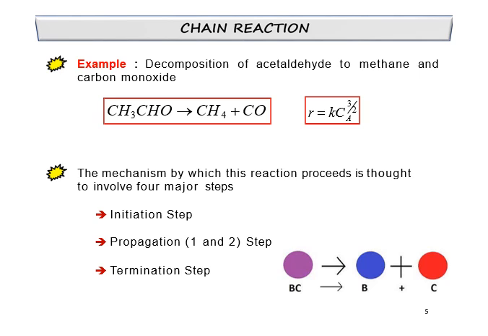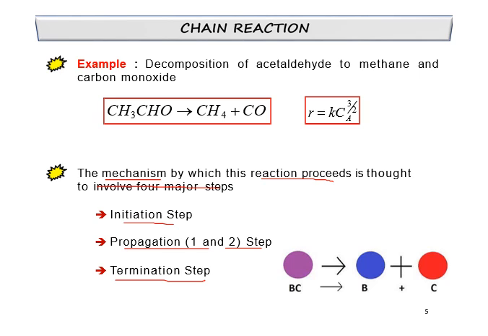Okay, the definition of chain reaction is the mechanism by which this reaction proceeds, which involves 4 major steps, which are initiation step, propagation 1 and propagation 2 step, and also the termination step.